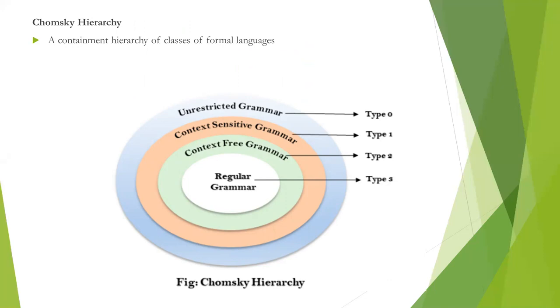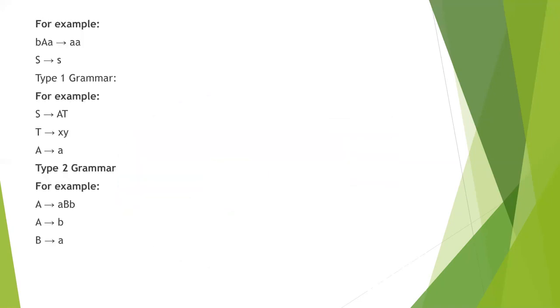Type 2 is context-free grammar. It is accepted by pushdown automata. Type 3 is regular grammar, accepted by finite automata. Type 0 is recognized by Turing machine.